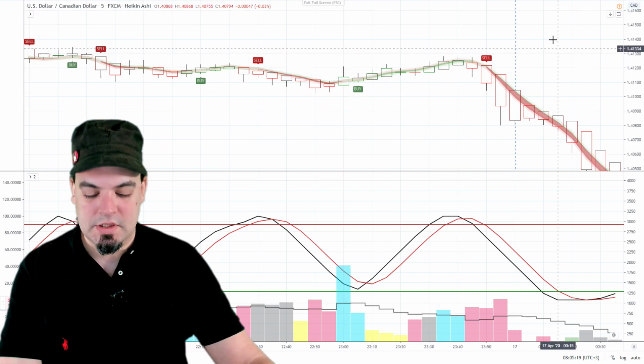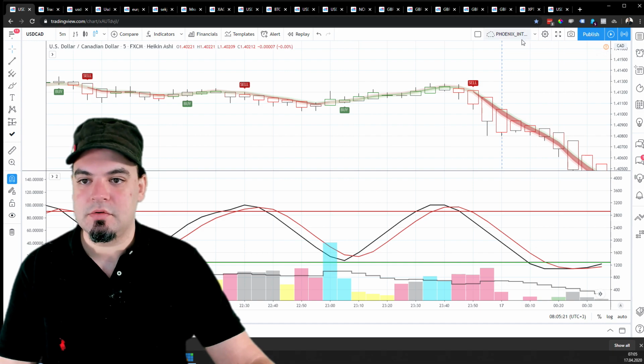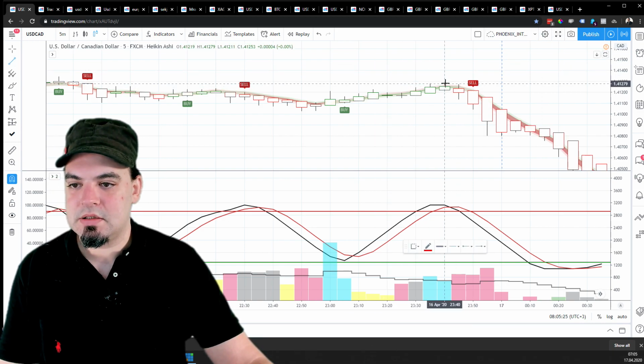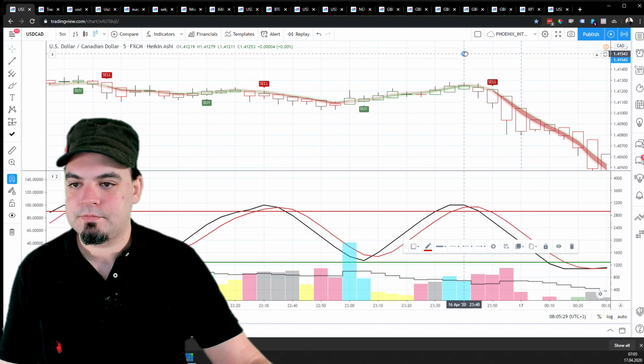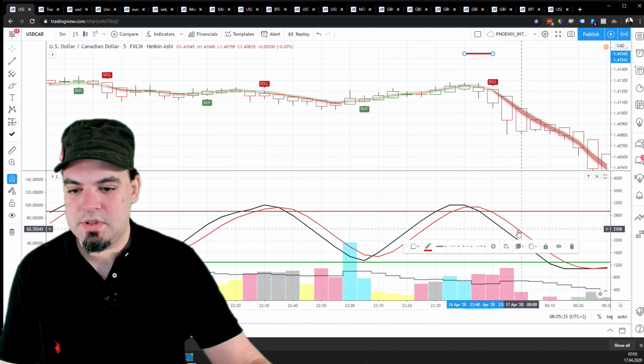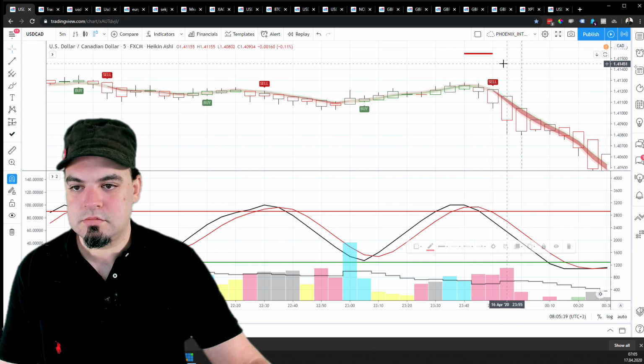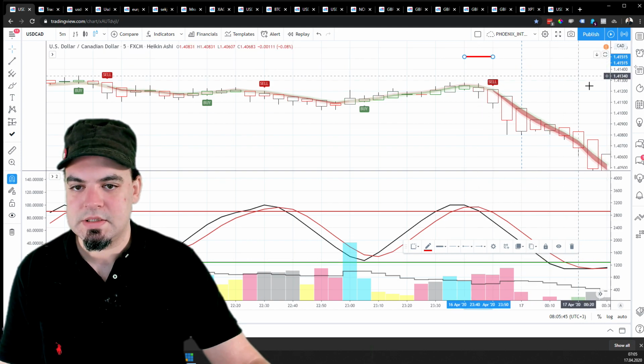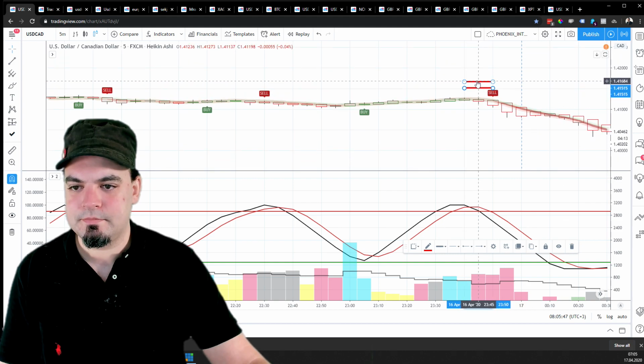Let me draw it out a little bit. This gets a little bit too confusing. So your stop would be like 1, 2 here. And then let's copy this one, or clone it, I think that's the right way to do it.